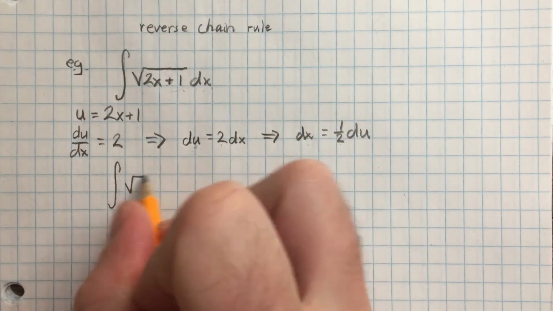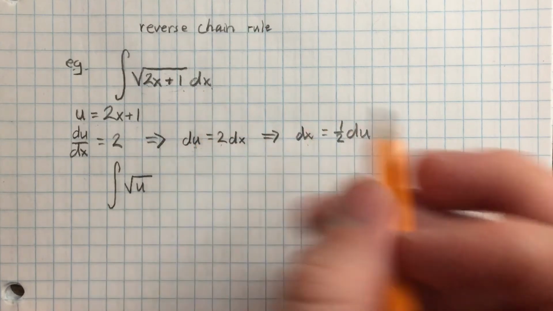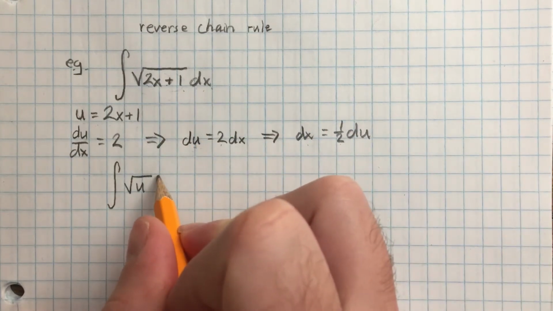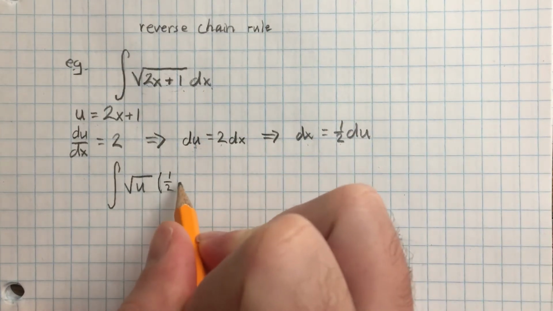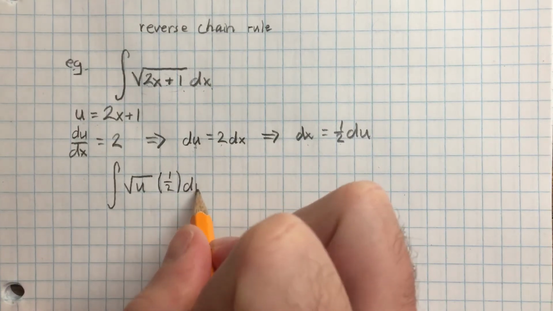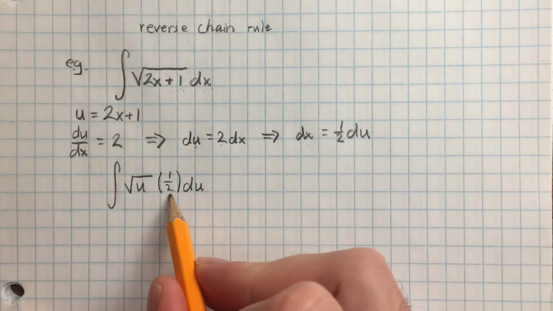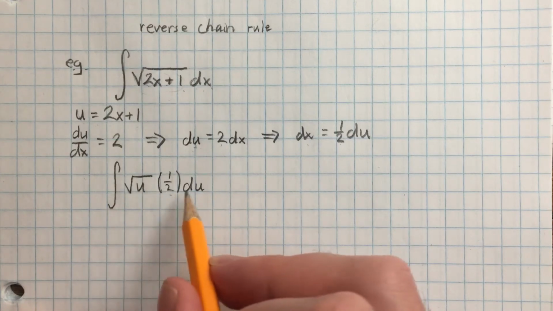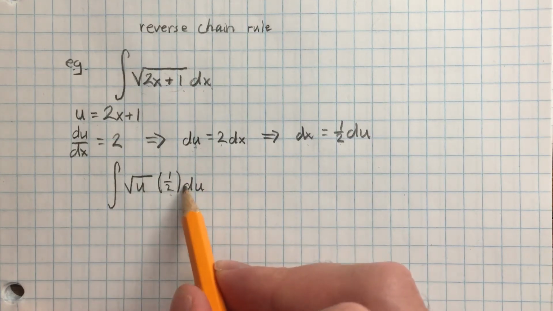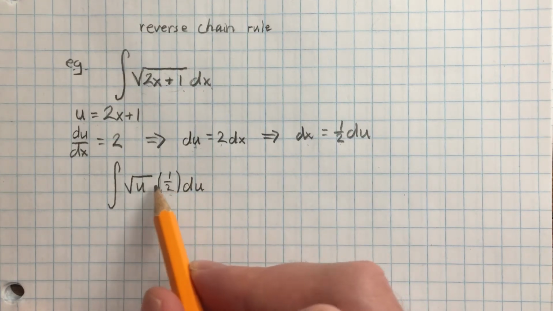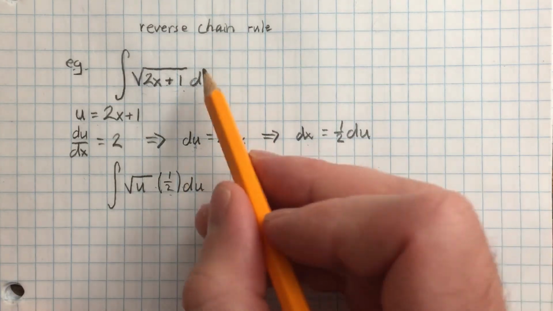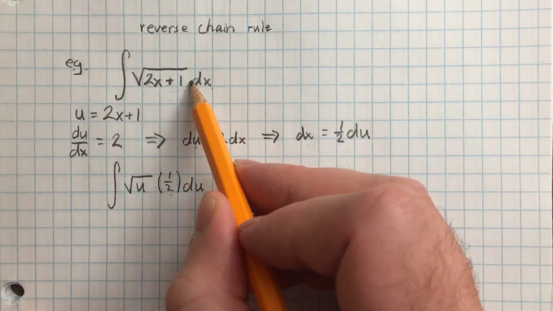Okay? So we will have the integral of the root of u, and dx we said is 1/2 du. Now this 1/2 is a constant. Everything's being multiplied together here, right? This really is a product here. Root u times 1/2 times du. Even up here, this is really a times dx. You don't really think about it that way.